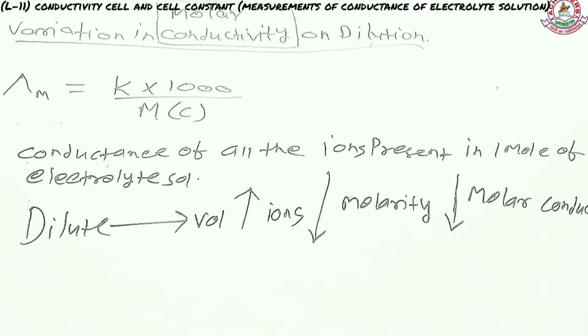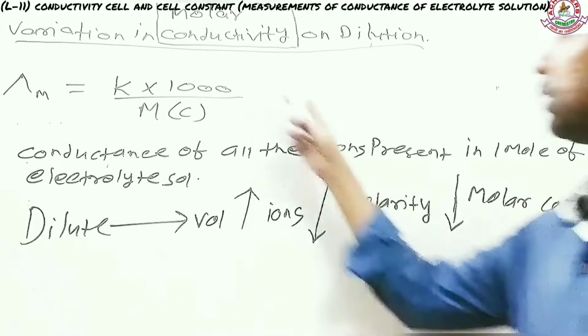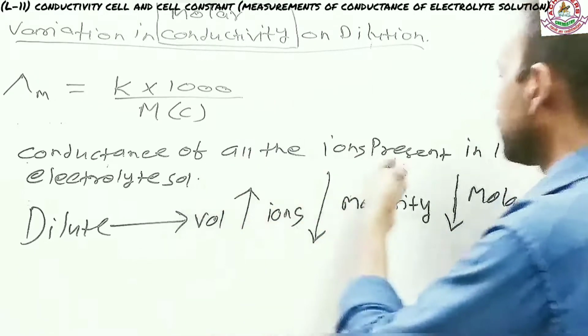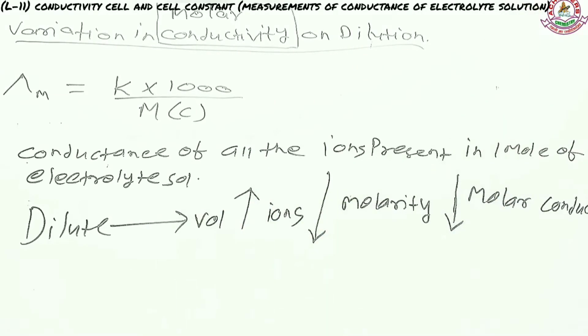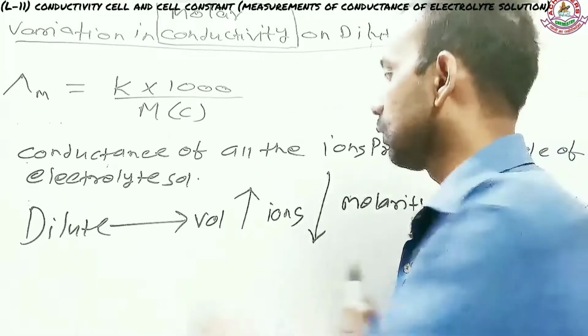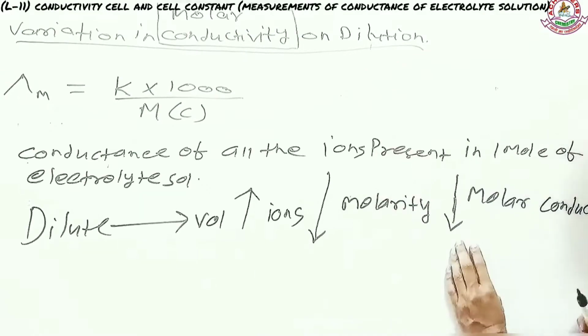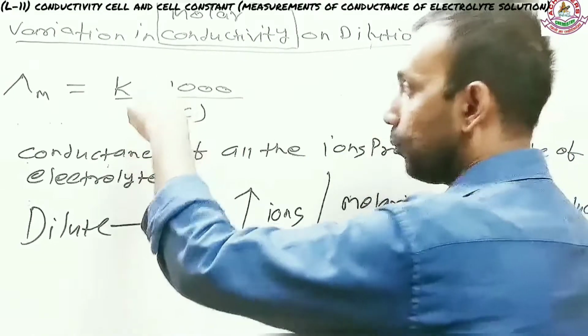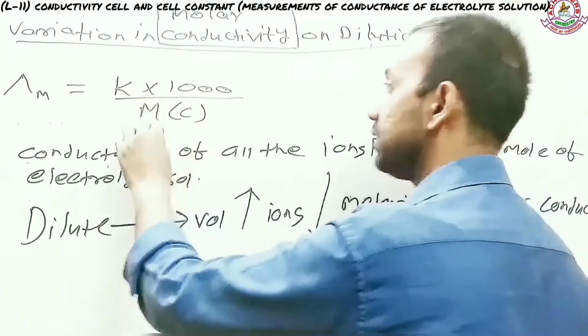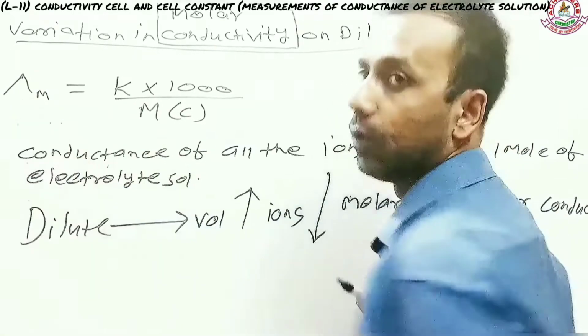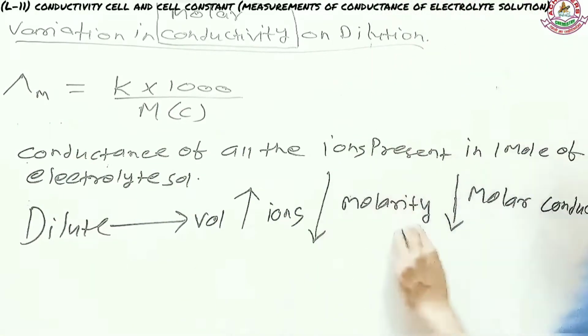So this is what the whole concept is. Let me repeat back. What is molar conductivity? Conductance of all the ions present in 1 mole of electrolytic solution. When you dilute a solution, what happens? On dilution, the volume increases, the number of ions decreases, molarity also decreases. But if you concentrate right here, molarity is inversely proportional to molar conductivity. So if molarity is decreasing, molar conductivity will increase.